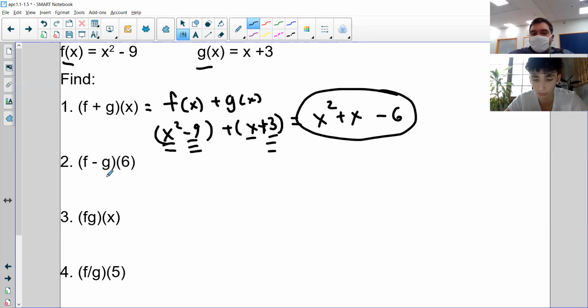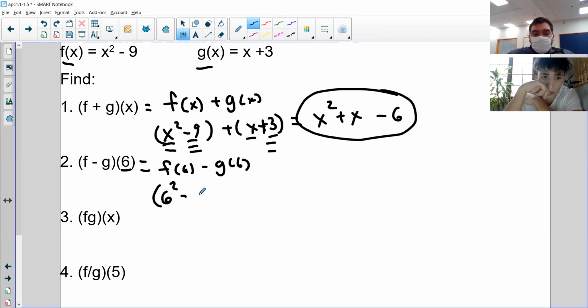Now this one, I think, Nate, this is kind of your question, about how you have something other than x. So we can rewrite this as f of 6 minus g of 6. In this case, every x that I see is going to be replaced with 6.